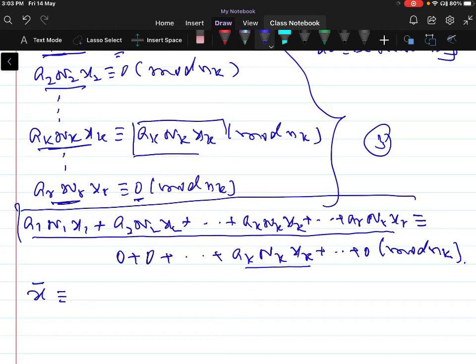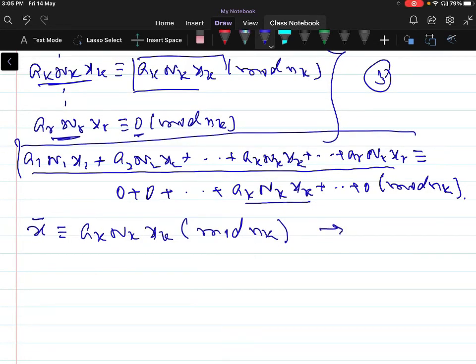So x bar is congruent to ak nk xk modulo nk. Let us call this equation 4.